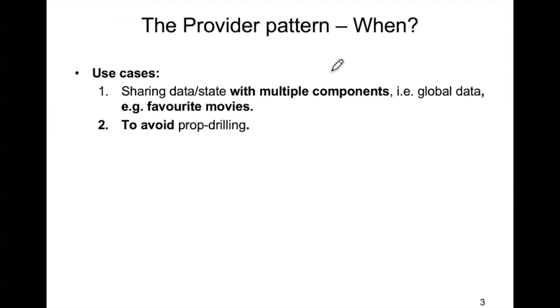In the general case, you use it if you've got a unit within your overall application architecture that has some state or data that it would like to share with lots of other units within the application. Now, in a React context, that means we've got a stateful component and it wants to share some or all of that state with lots of other components in the architecture. Now, the traditional way of doing that is that the stateful component would be very high up in the component hierarchy, and it would pass the data or share the data via props.